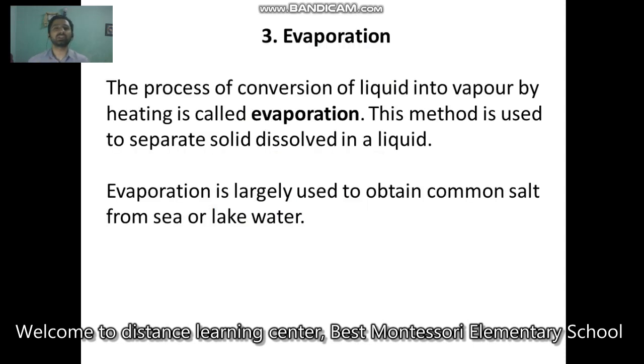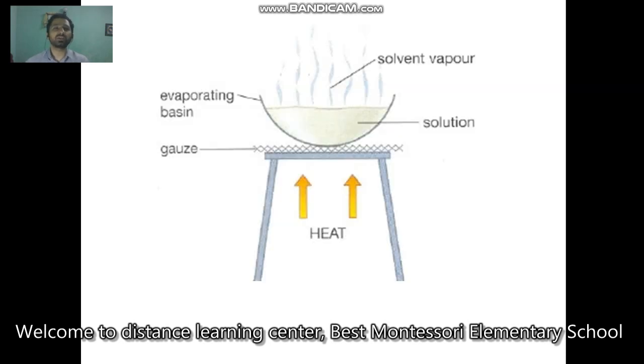Now moving on to the third, that is evaporation. This process is used to separate a soluble solid. Let's talk about a mixture of sugar and water. Now sugar gets dissolved in water. That means we cannot use sedimentation, we cannot use filtration. What we have to do is go for the process of evaporation.